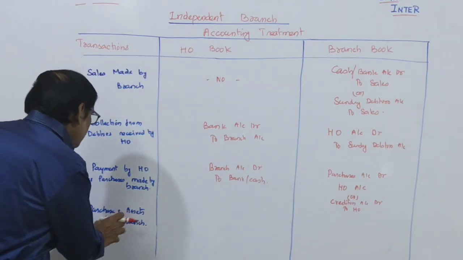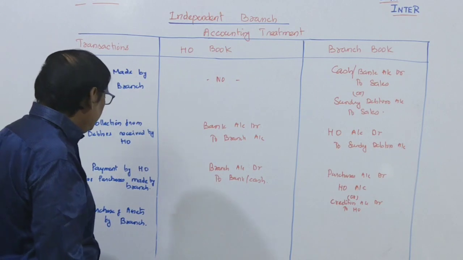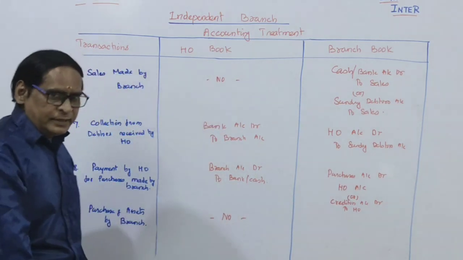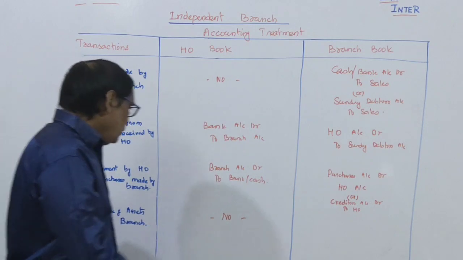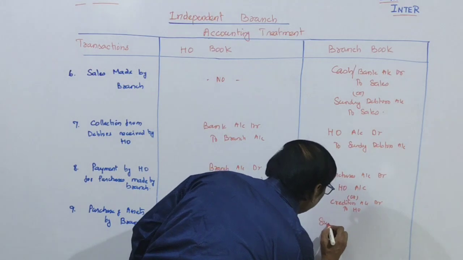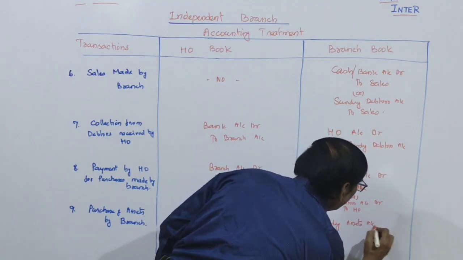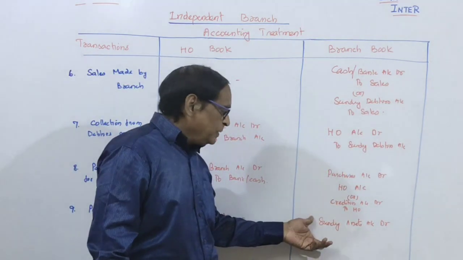And then purchases of assets by branch. Purchases of assets by branch means there will be no entry here in head office books, because only the branch assets. So sundry assets account debit to bank. If it is plant and machinery, the relevant plant and machinery should be debited.